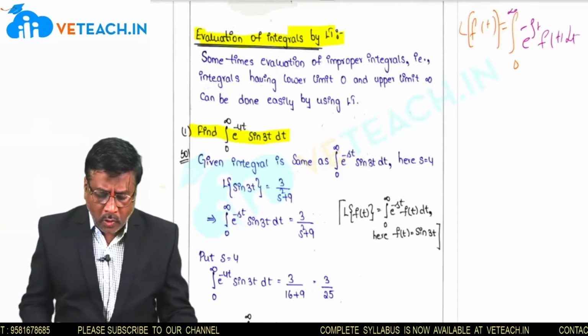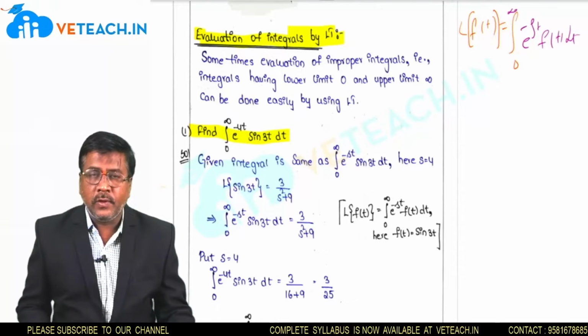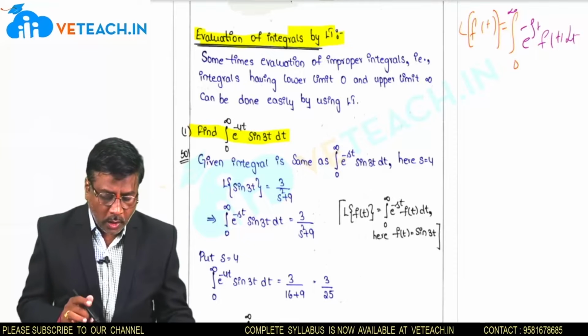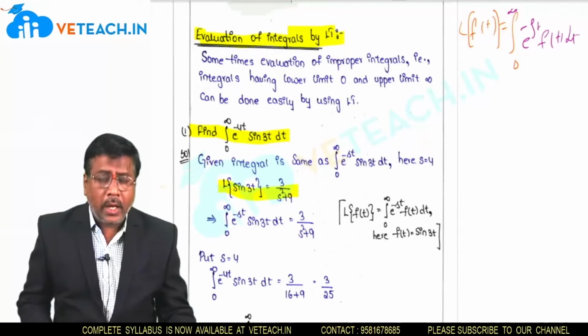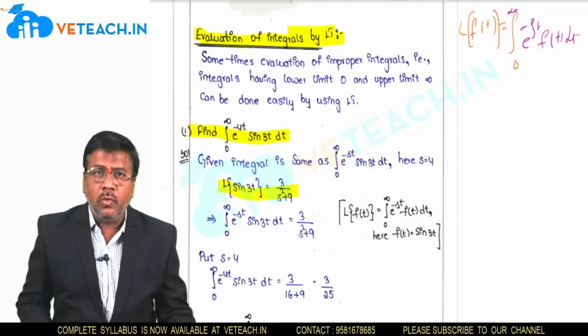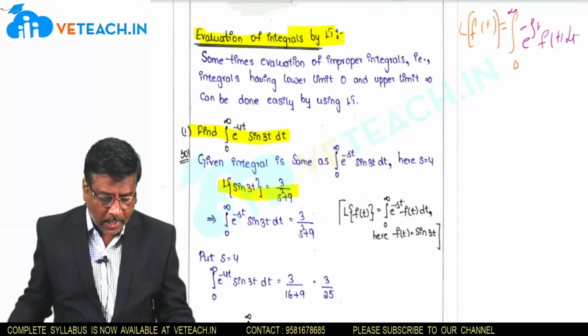Here I have to apply this technique while evaluating improper integrals without making the integrations. Please all of you see this. We know that L of sine 3t is equal to 3 by s square plus 9.